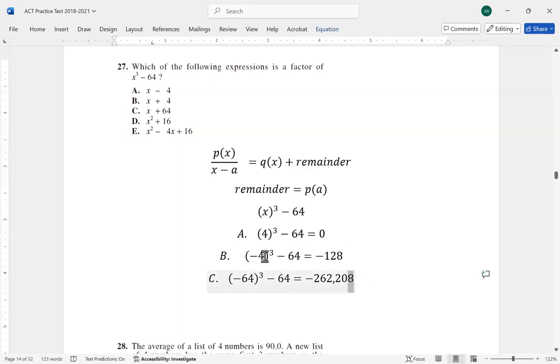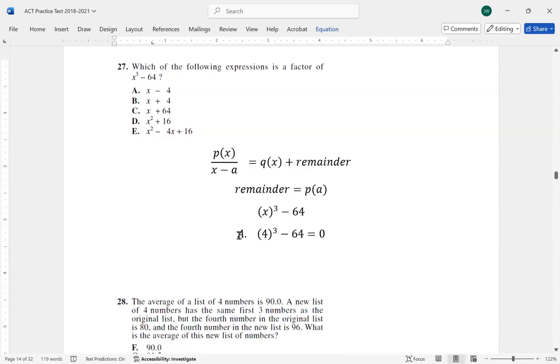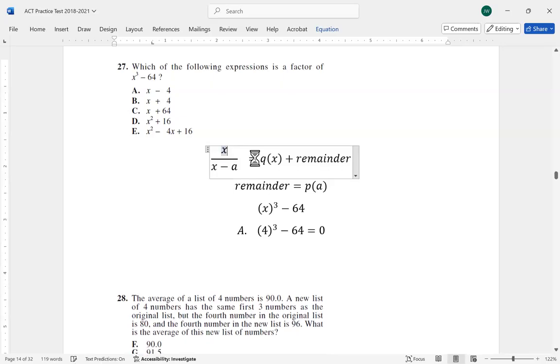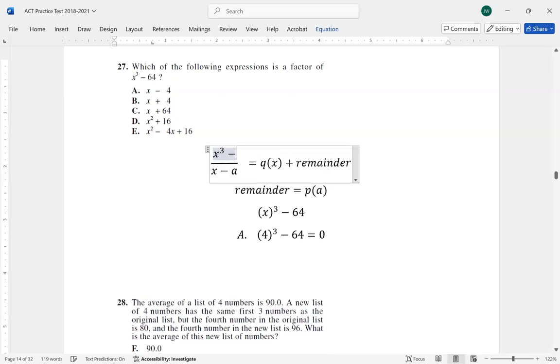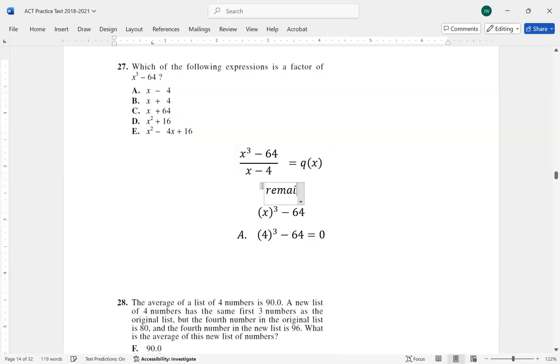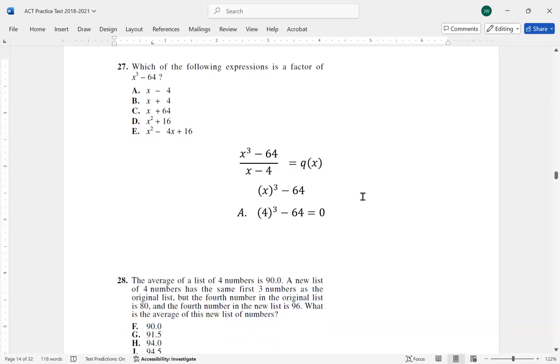All we really needed to see was that when we plugged in a positive 4, we got a 0. That means when I take the polynomial x to the third minus 64 and divide it by x minus 4, I'm going to get a quotient and no remainder. So x minus 4 is going to be a factor of x to the third minus 64. Again, there are other ways to look at that as well.